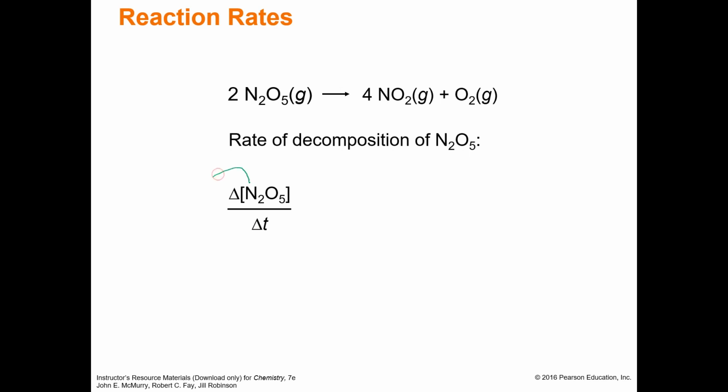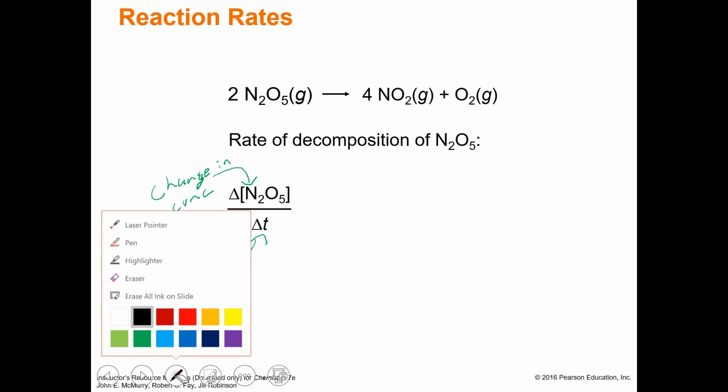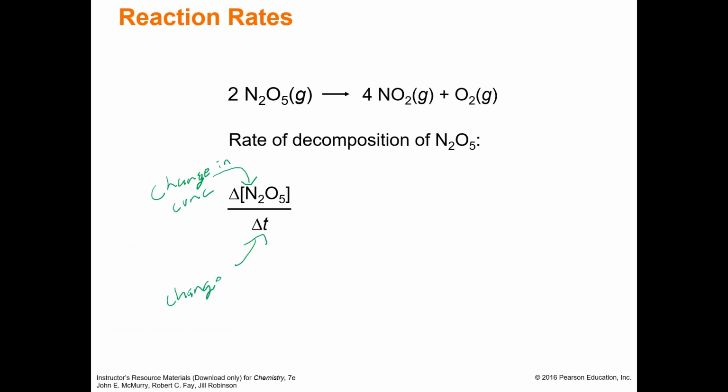When we have a reactant or a product in brackets, that bracket refers to the concentration, and we usually measure concentration in molarity. So this is the change in concentration, in this case of N2O5, and this refers to change over time.